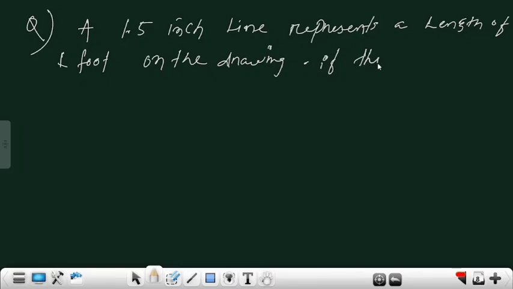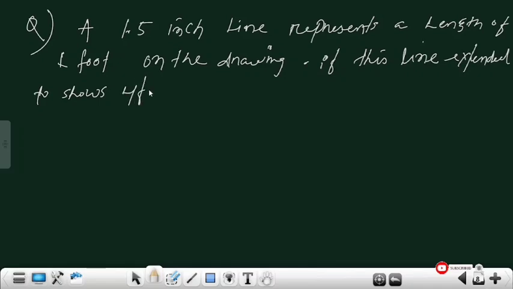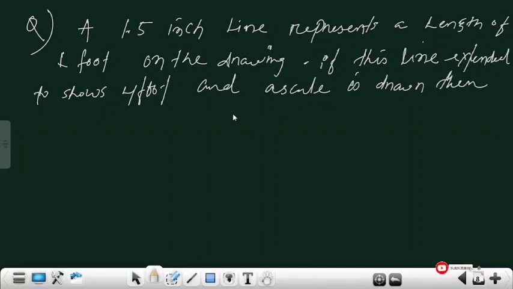If this line is extended to show 4 feet and a scale is drawn, then determine the representative factor, length of scale, primary division, secondary division. Okay, these are the questions.